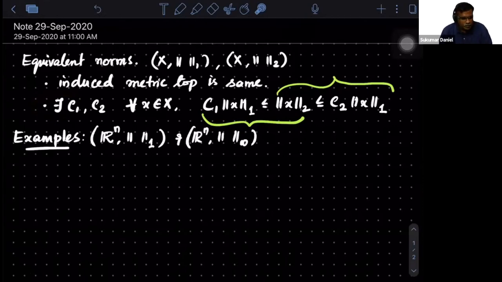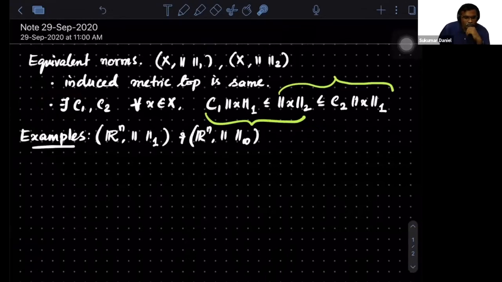Can you think of some easy choices for C1 and C2? So what is the 1 norm now? It is the summation of all the coordinates. And what is the infinite norm? It is the maximum of the coordinates, of course with the absolute value. So what is the immediate choice? Look at each of these inequalities.